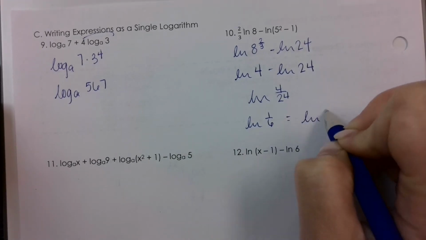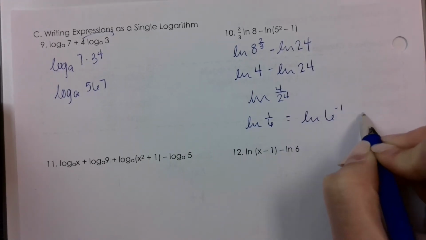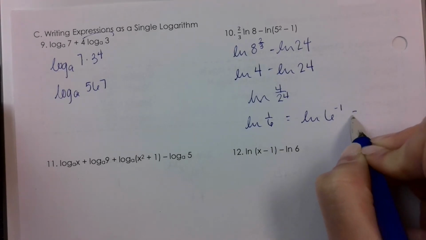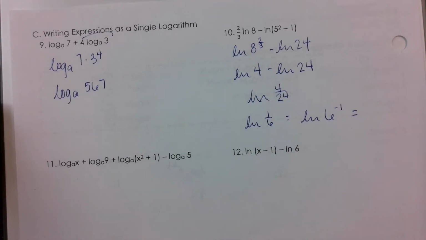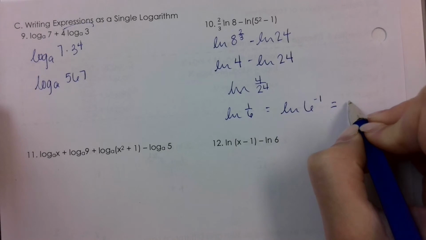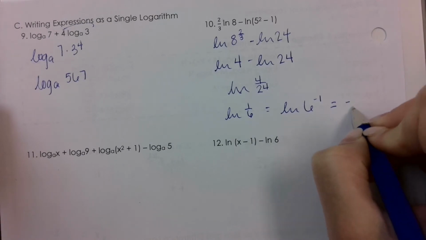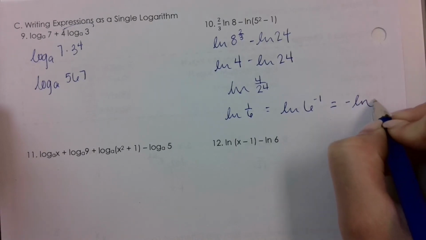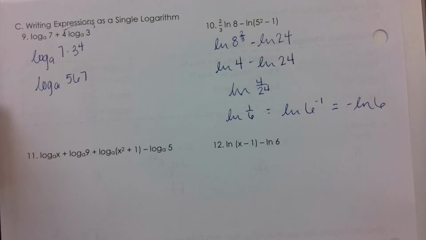So this is natural log of 6 to the negative 1. What's one more thing we could do from there? Move the negative to the front, so this whole thing would be negative natural log of 6. Is that all right? Questions?